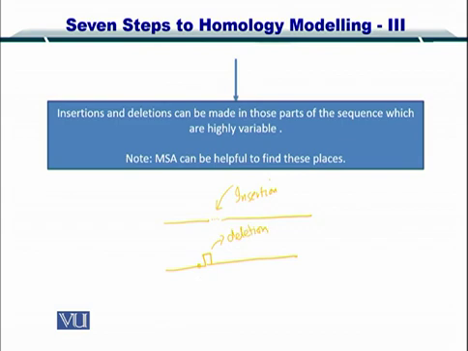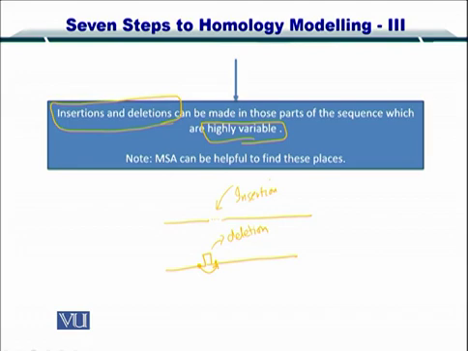So by deleting it, you are connecting the backbone back again. So these two things can only be done in regions of the protein which are highly variable. This is very important to note that insertions and deletions can only be done where variability in the protein sequence and structure is welcomed. So multiple sequence alignment can help you to find these regions.